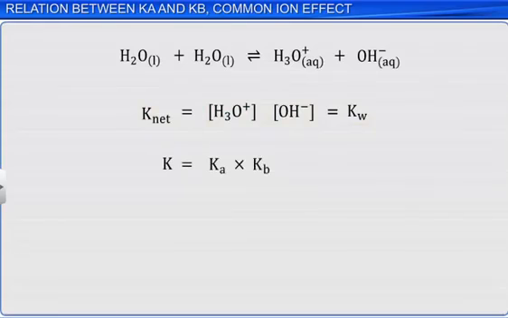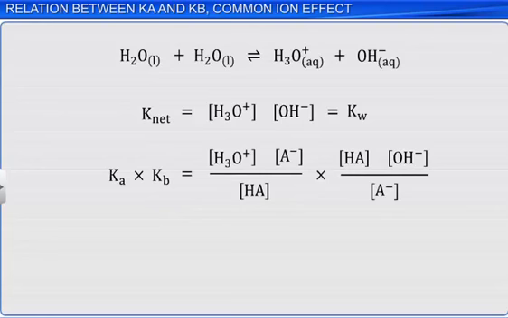That is, the product of Ka and Kb is equal to the product of concentration of H3O+ and A- divided by concentration of HA, multiplied by the product of concentration of HA and OH- divided by A-. On cancelling the common terms, you get the product of concentration of H3O+ and OH-.